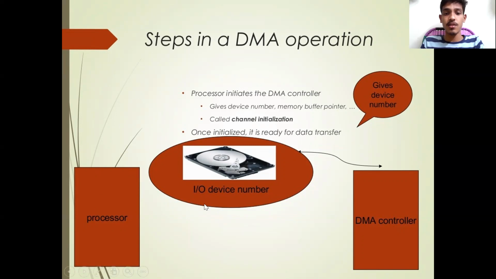Here, the processor gives the DMA controller the details of the IO device number, what type of data needs to be transferred, the count, the address, and the direction of transfer.